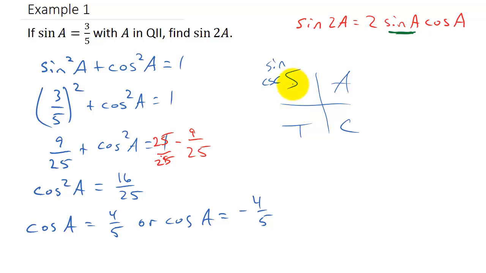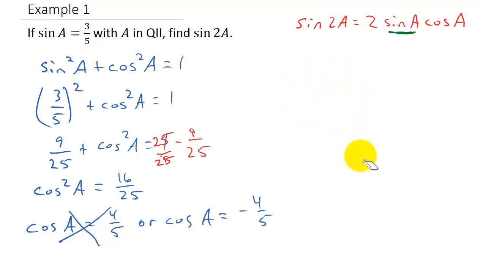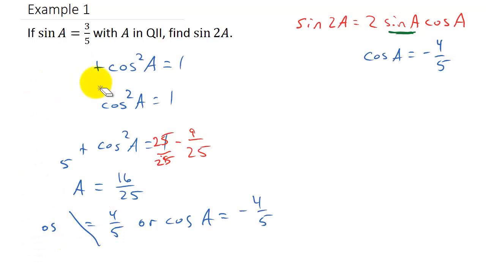So cosine is negative in the second quadrant, so we know the value we need is negative 4/5. Alright, so cosine A equals negative 4/5, so we can plug the negative 4/5 in for cosine A. Let me erase this so we can find the sine of 2A.